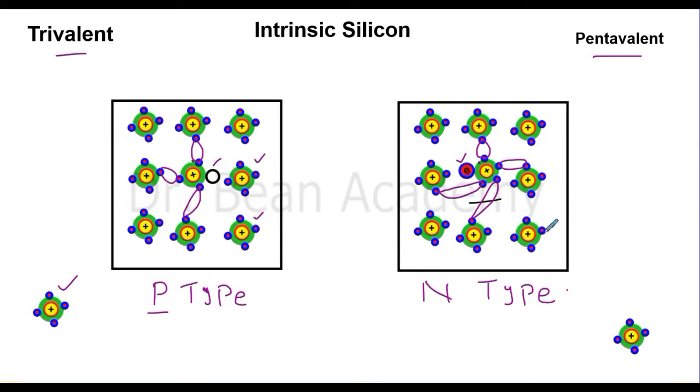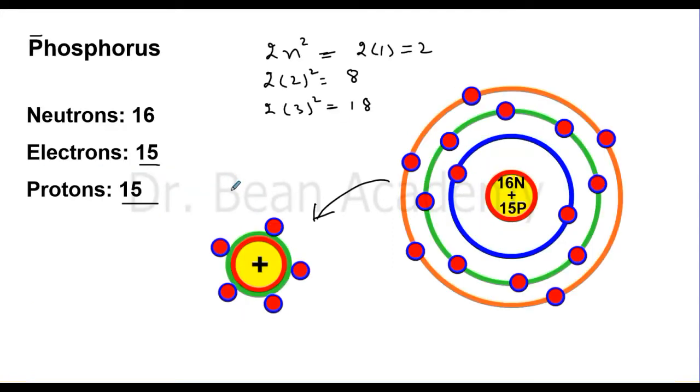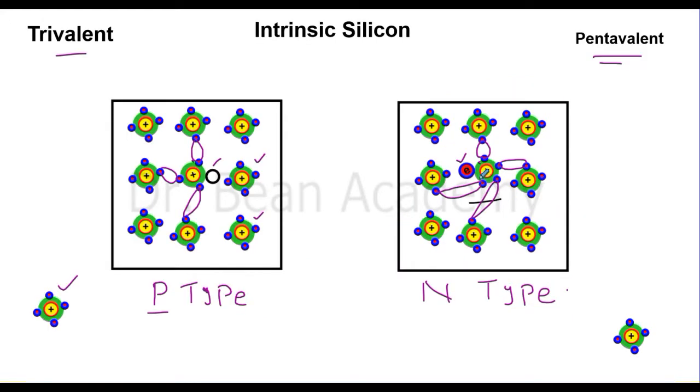And the same is the case for n-type. We say that we have some extra electron, but it is not really an extra electron. It is extra in the sense that it is unable to make a covalent bond with a neighboring silicon atom, but it is attached to its nucleus. For a pentavalent atom like phosphorus, the number of protons is 15 and the number of electrons is 15. It is electrically neutral. So in the n-type, no matter how many free electrons you get, it doesn't mean it gains some negative charge.